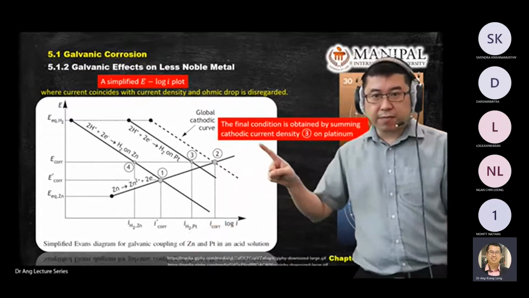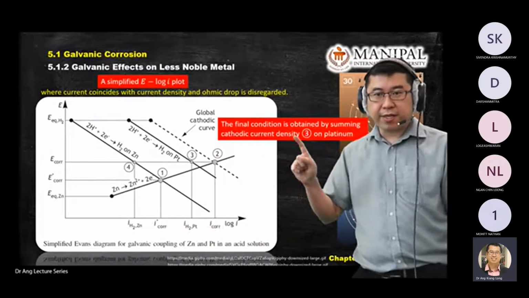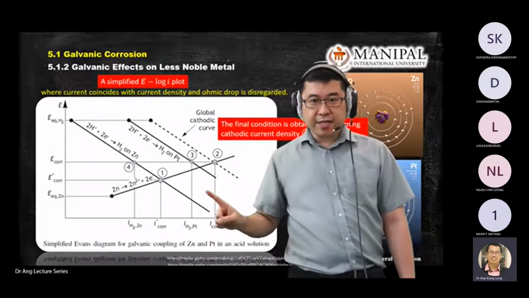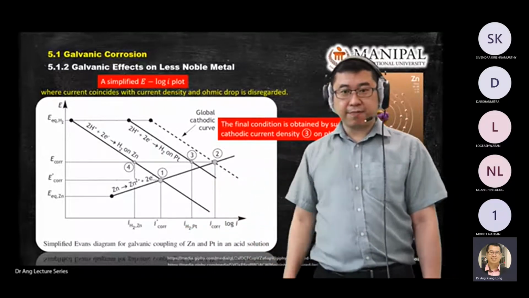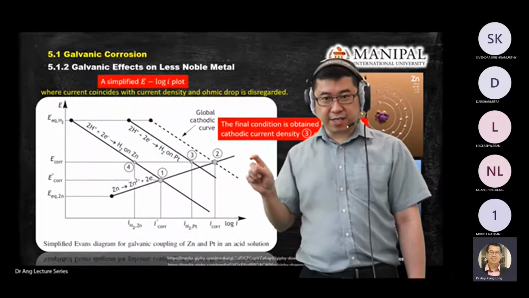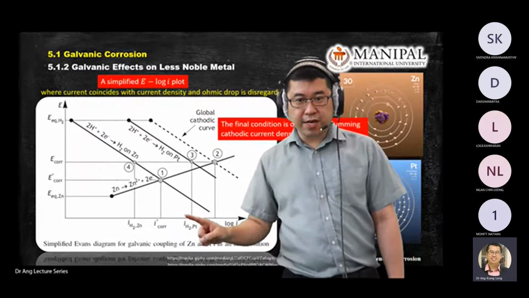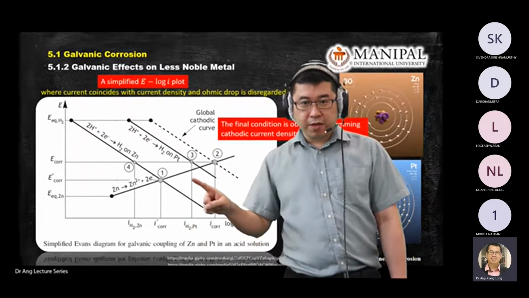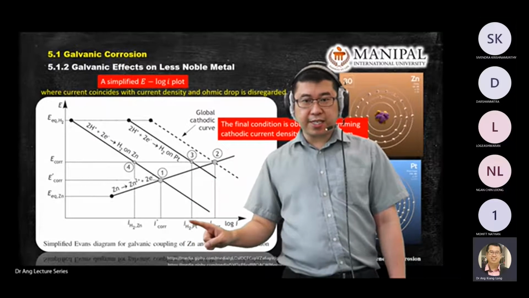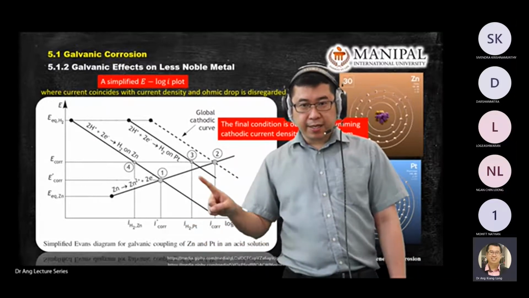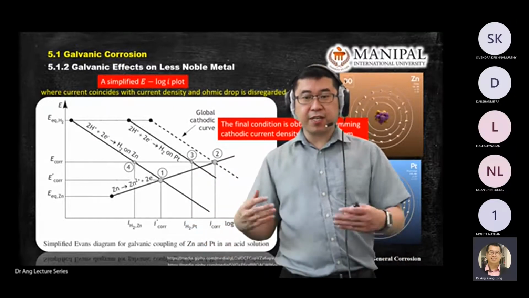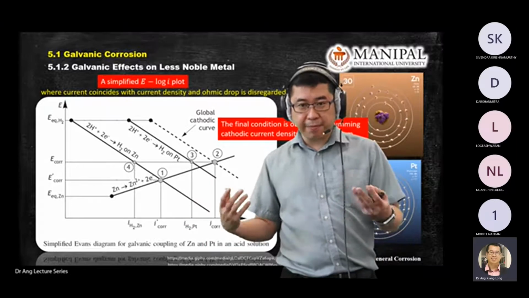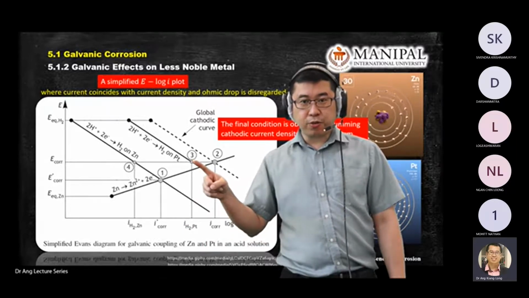Okay, what is the symbol of current density? I_C. You still remember just now? I_C. However, on the graph, this is just to differentiate, I sub C, to further label what this point is.